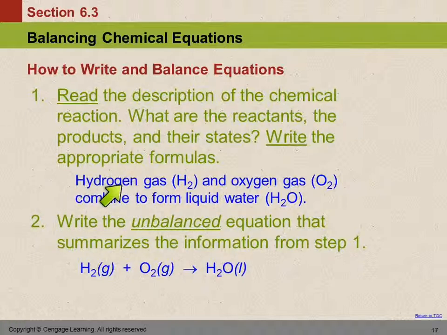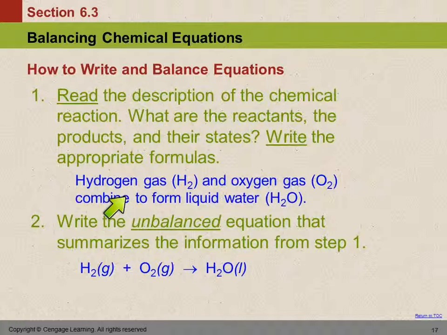Here's one reactant, hydrogen gas, and the formula for that would be H2, because hydrogen is a diatomic element. And oxygen gas. Oxygen is also a diatomic element. Its formula will be O2. And they're going to combine to form liquid water, which is the product. The formula for that is H2O.